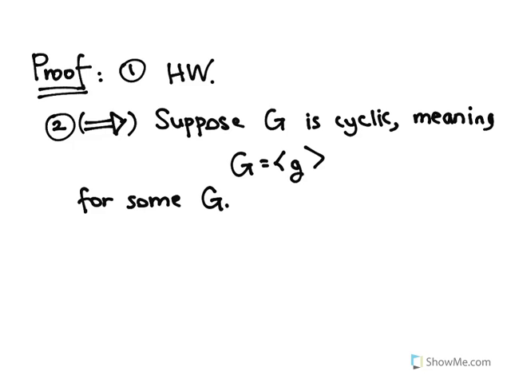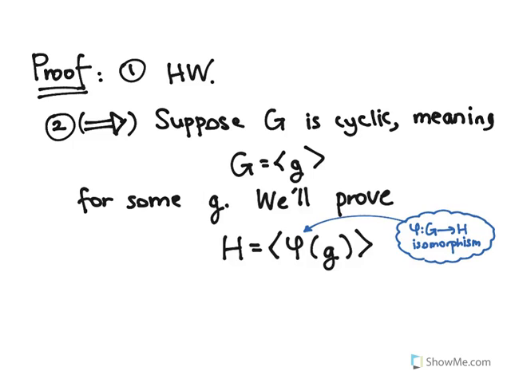First, we'll suppose that G is cyclic, which by definition means G is equal to the subgroup generated by some element, lowercase g. And our goal now is to prove that H is cyclic, meaning we want to prove that H is equal to the subgroup generated by some particular thing.